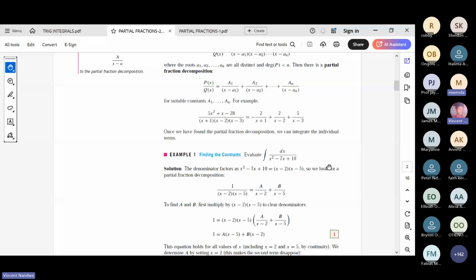So we'll have B into x minus 2. So 1 over x minus 2 times x minus 5 is equal to A into x minus 5 plus B into x minus 2, all divided by x minus 2, x minus 5.